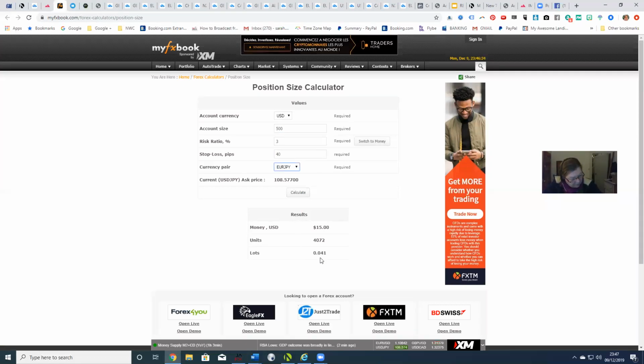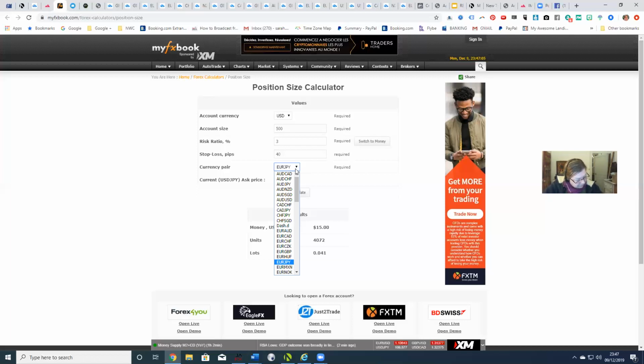We should have a lot size of 0.04. But you remember I put everything on at 0.05. So let's do the same with an account size of 500, risk of only 3% of my account with a stop loss of 40. It says I need a lot size of 0.04 for Euro JPY.